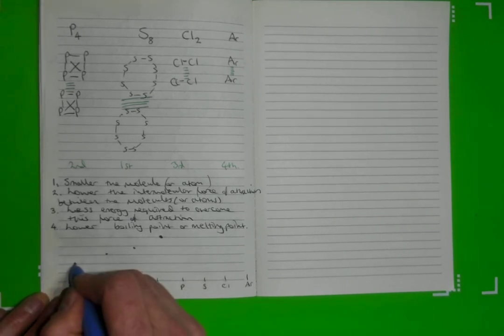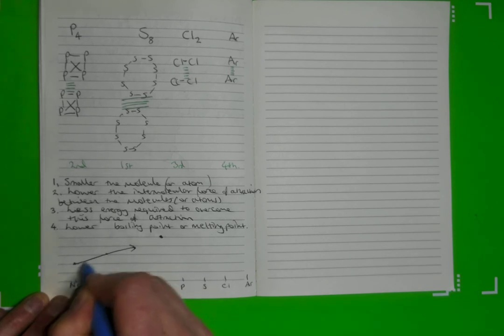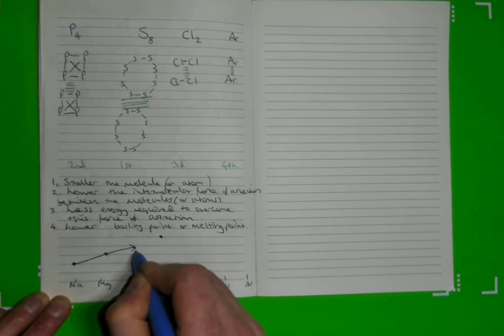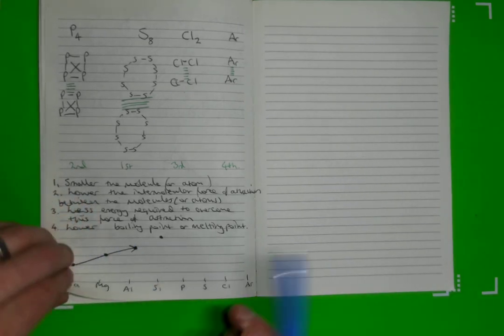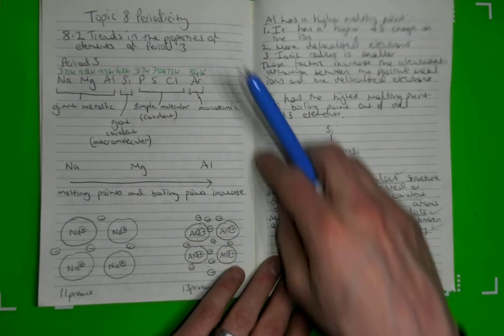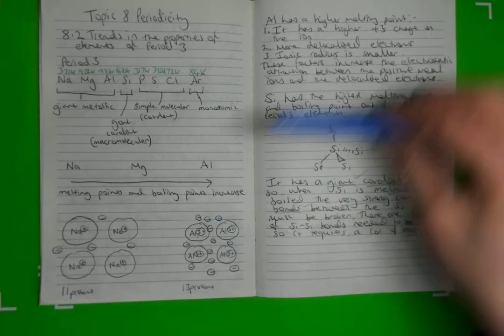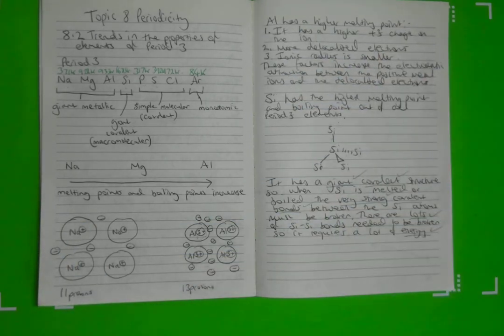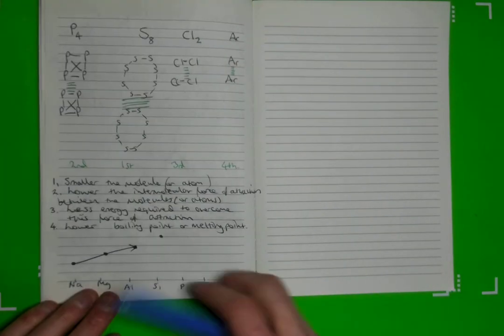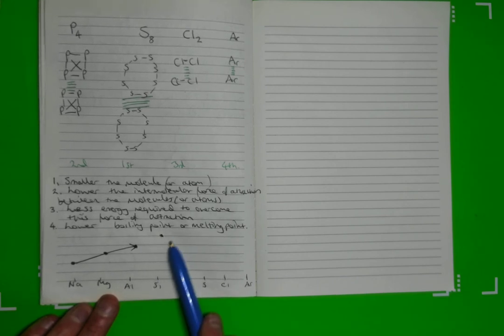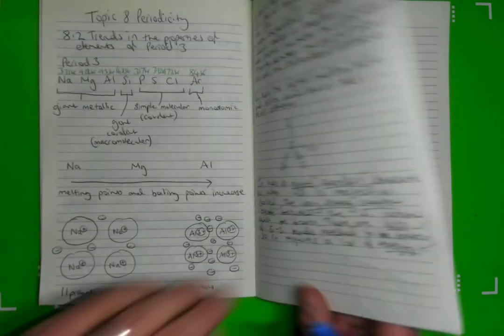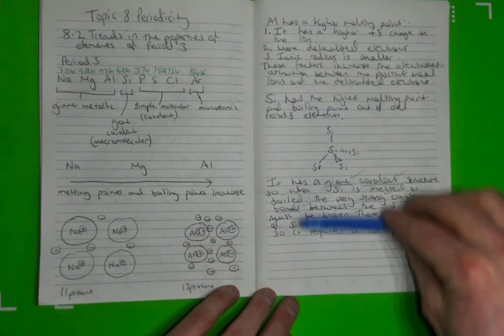So there's a trend here, an increase from that one to that one to that one. And that increase here is explained here to there. This one, I'm not going to connect it to any other ones here because we've explained that on its own in this space here.